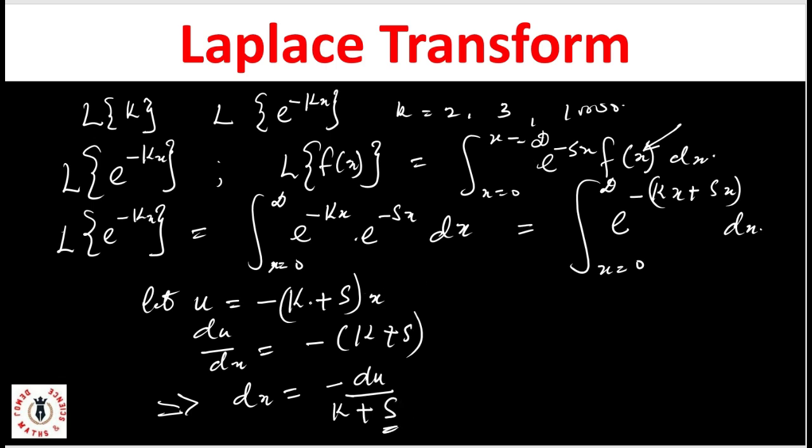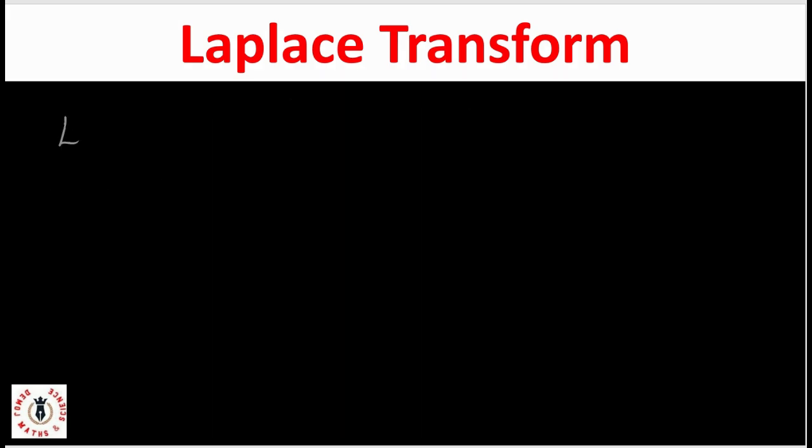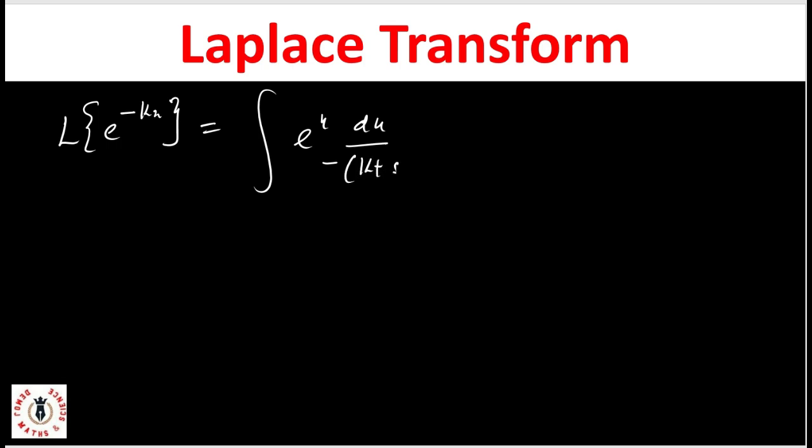Now I have represented u with minus (k plus s) times x, so I can rewrite my integral: the Laplace transform of e raised to power minus kx is the same thing as the integral of e raised to power u du over minus (k plus s). It's still ranging between 0 and infinity.